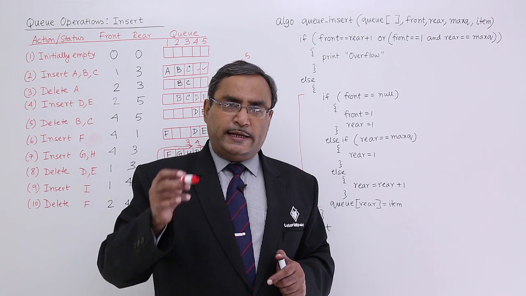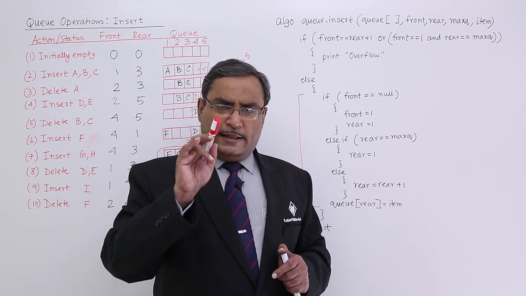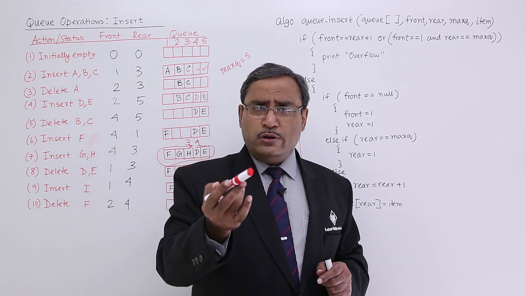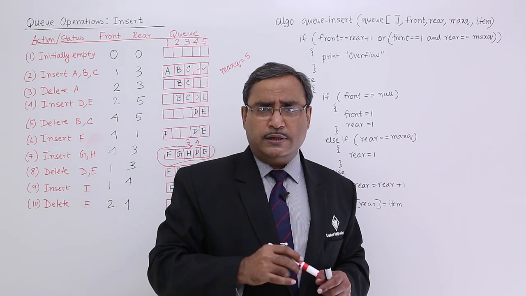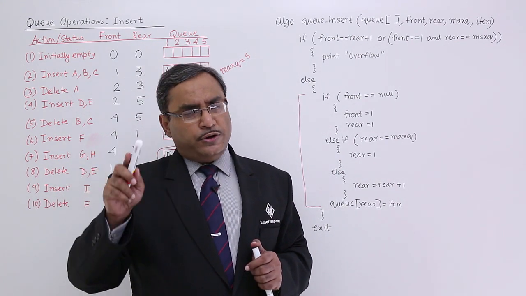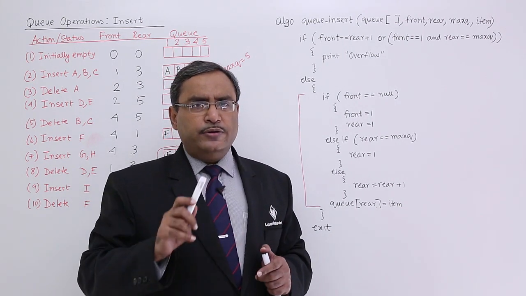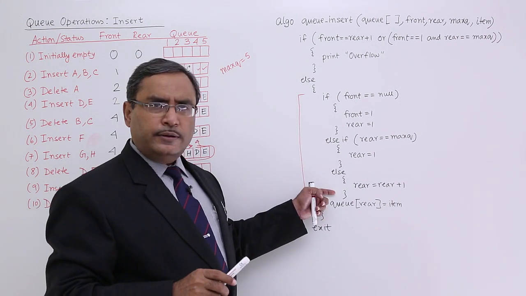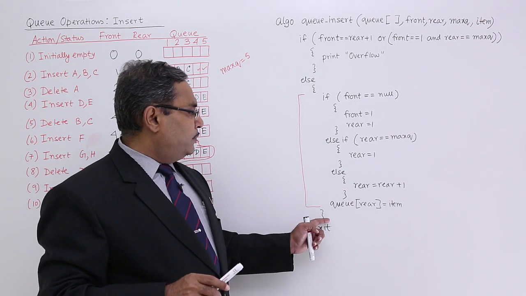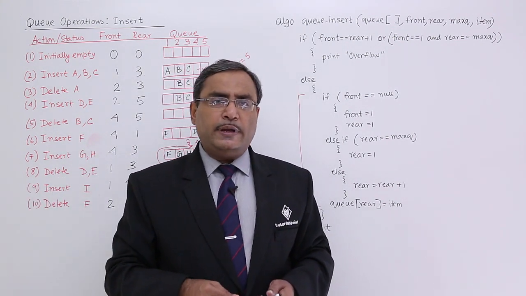That is the first place where the insertion takes place, and that is both the front and the rear, because only one data is in the queue after insertion. The next condition: if rear is equal to max q, then rear is equal to 1, circular logic. The default case: rear is equal to rear plus 1. Then q[rear] is equal to item. That is the end of the else block, and then exit. In this way the queue insert algorithm can be written.